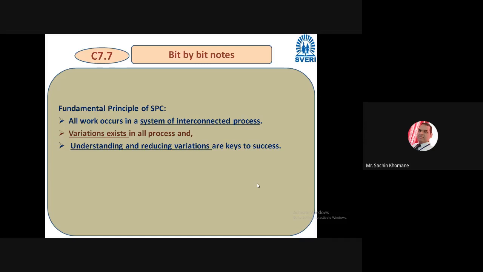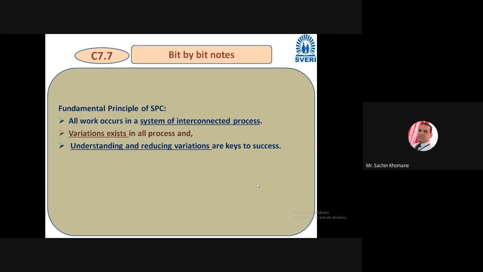So this work you should interconnect. Without that, you cannot say it is a process, and you will not get the important output. And another thing is that variation exists in all processes. Definitely variation will be there.